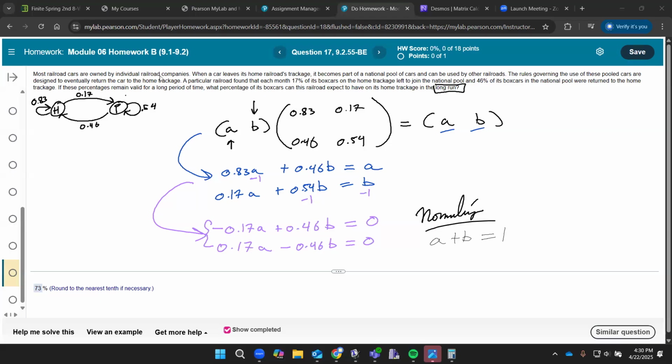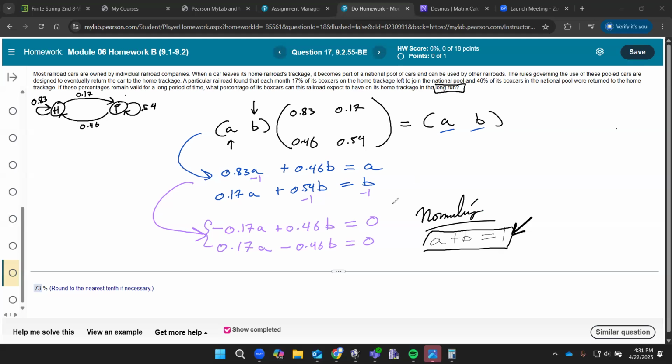Well, I know the probabilities have to add up to 1. I don't know what each equals, but I know that if you add them together, it equals 1. I have two equations, two unknowns, and then I need to add this equation in.